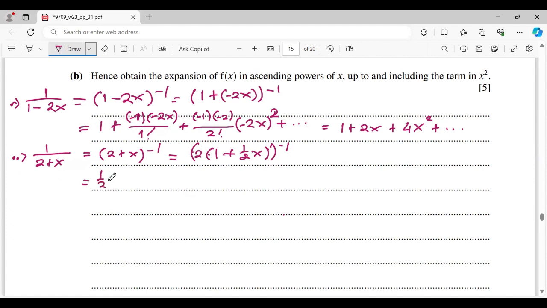Okay, then the expansion becomes half times 1 plus minus 1 times minus 1 over 1 factorial times x half for 1, and then plus minus 1 times minus 2 over 2 factorial times x half squared, and so on, right?